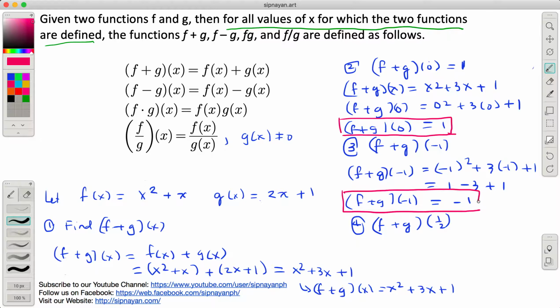And lastly, what is f plus g of 1/2? I know some of you hate fractions, but there's no escape.